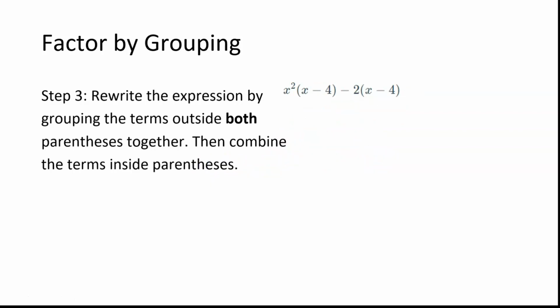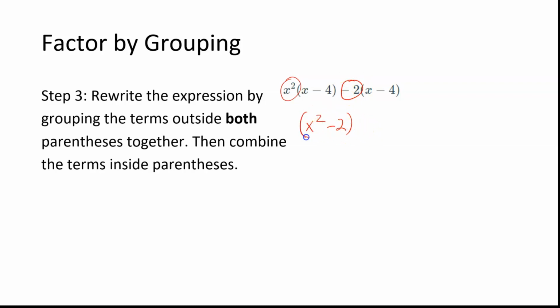So my final step here is, after I've taken all of my greatest common factors out, I'm going to rewrite this expression. I'm going to group the 2 terms outside of my parentheses together, and then I'm going to combine the parentheses into one single term. So what that means is I am going to take this and this, because they are outside of my parentheses, and I'm going to write them as x squared and then minus 2.